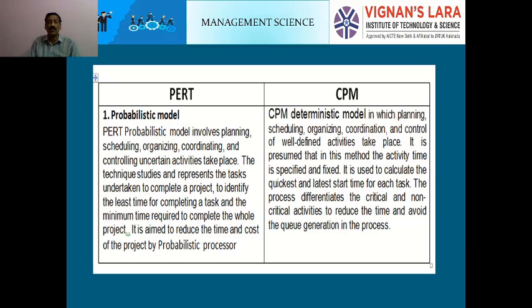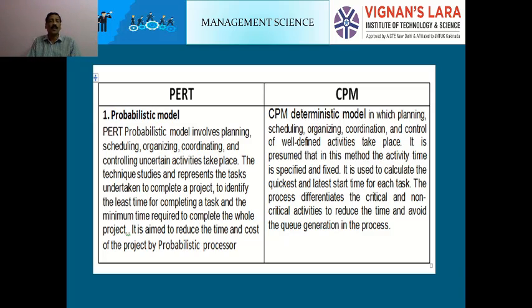It is aimed to reduce the time and cost of the project by a probabilistic process. That means probability can be used in PERT, which can be useful to reduce the project cost and time, and can also be useful to establish and apply the same probability completion rate in another project also.